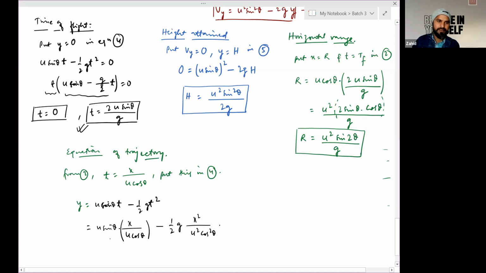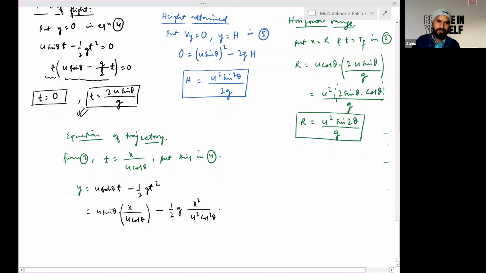If you simplify it, u and u will cancel out. So it will be x times tan theta minus g divided by 2 times u squared cos squared theta times x squared is equal to y. So this will be the equation of trajectory for this path.